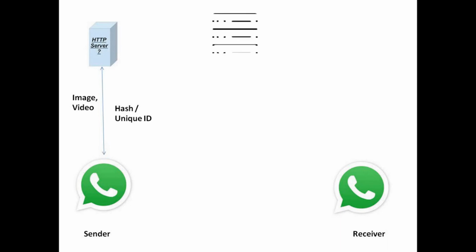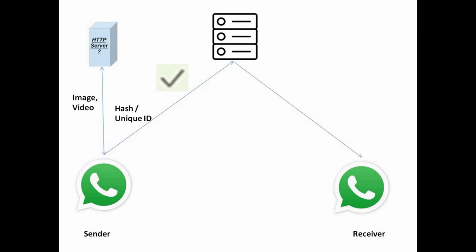Then you send that ID to the server. Like your text message, it will automatically be sent in the background, and it will be in the queue. As soon as your receiver's internet is up, it will be delivered to them as a thumbnail.